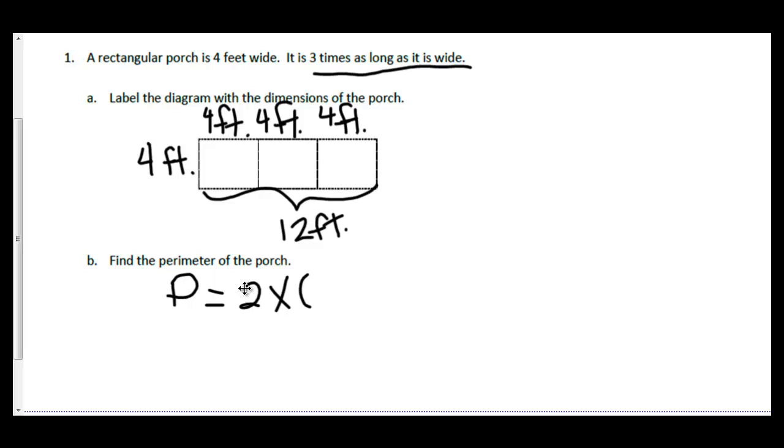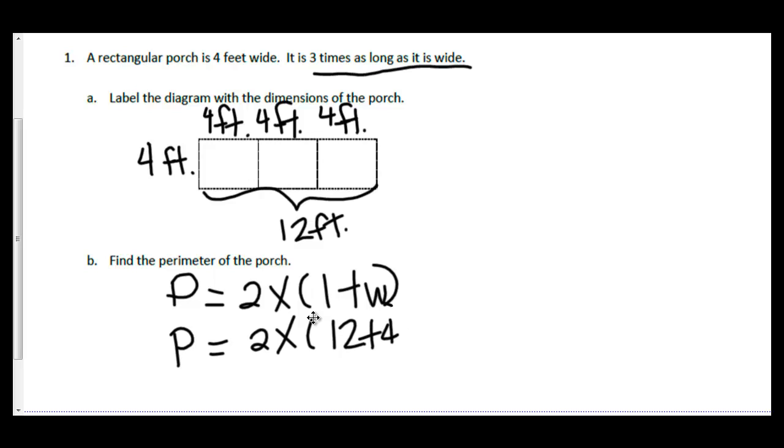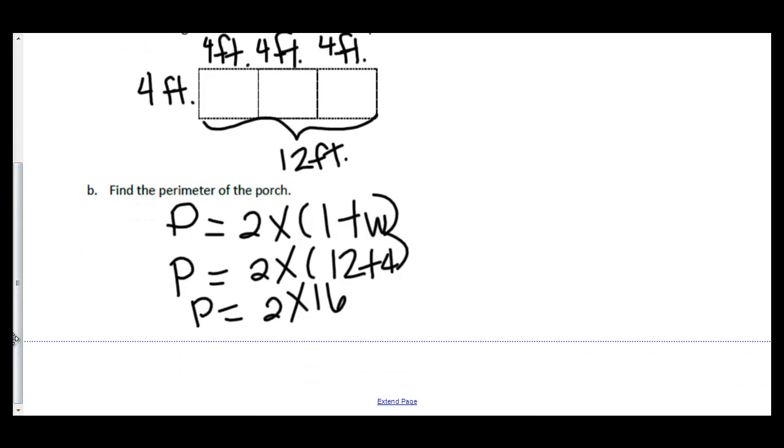So the perimeter would equal 2 times 12 plus 4, and that would be 2 times 16. And 16 times 2 is 32. So the perimeter equals 32 feet. You could have used a different perimeter formula, and if you like another formula better, go for it. I just happen to like this one. You should get the same answer as me, even if you used a different formula.